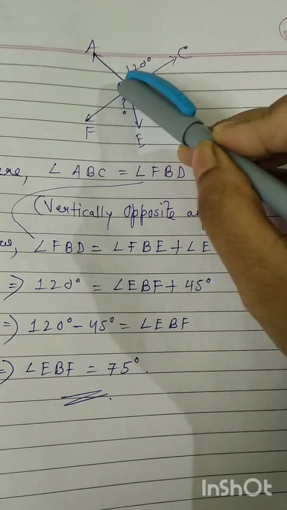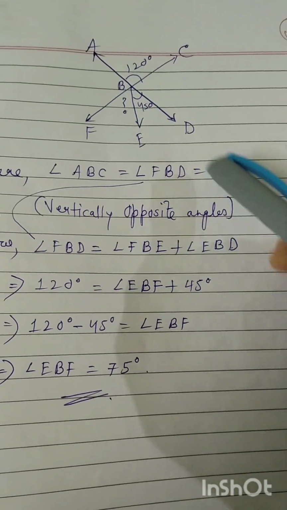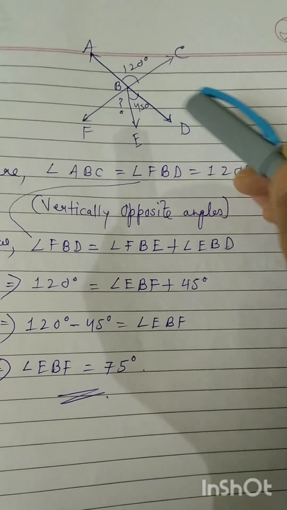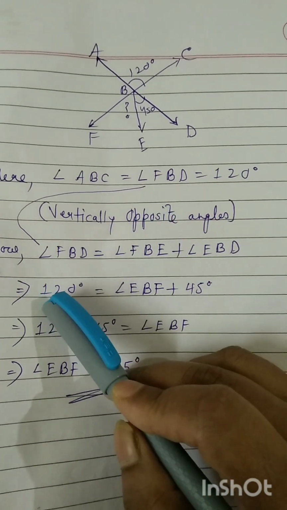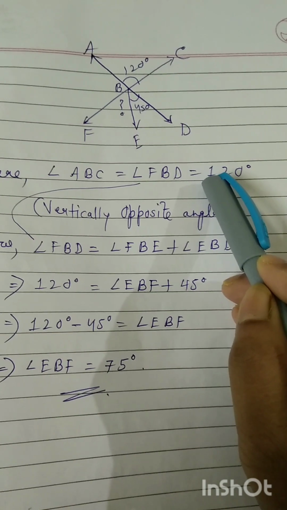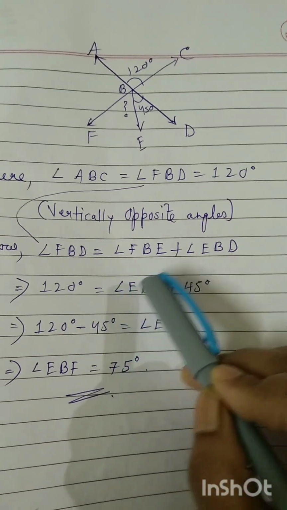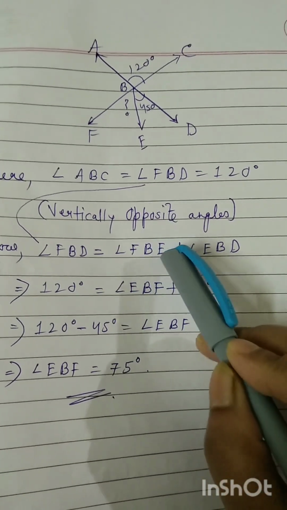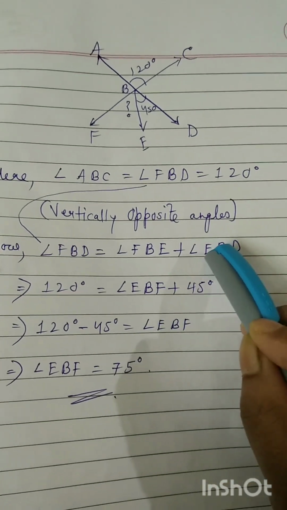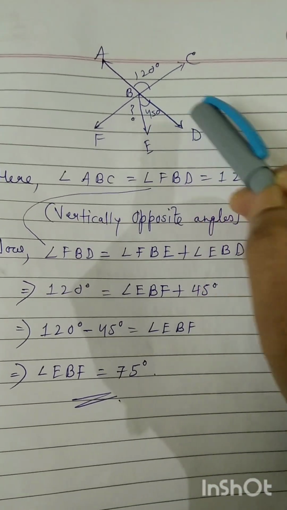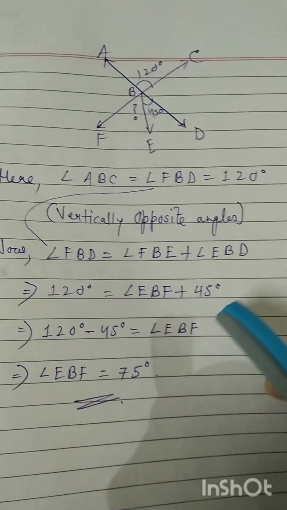FBE, this angle, and angle EBD, this angle. So angle FBD is 120 degrees, as we get from here, is equal to this angle FBE, we can write it as angle EBF also, plus EBD, which is given in the figure as 45 degrees.